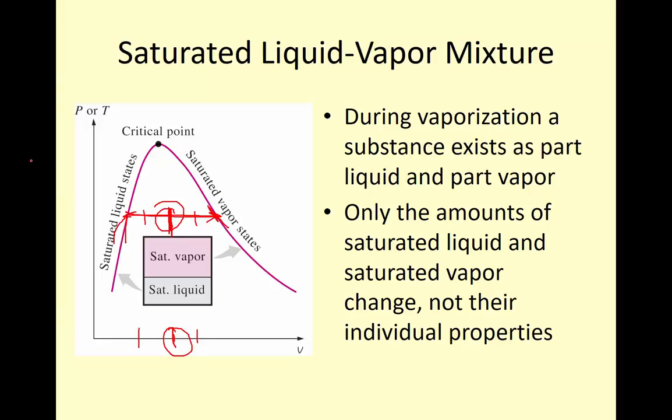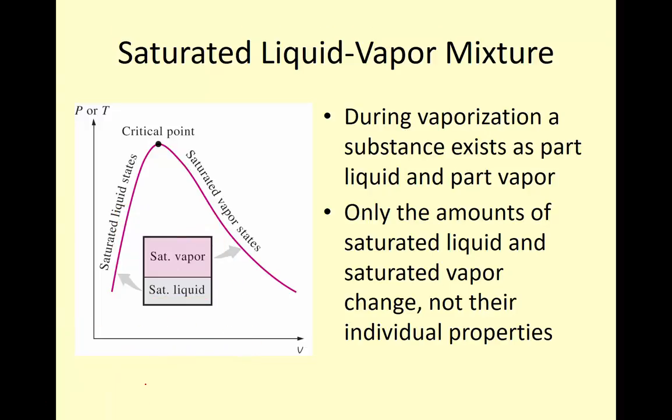So during this phase change process, we're going to have part vapor and part liquid. And when we're given a specific volume, it's the average total of those two parts. Okay, so you can imagine that at a saturated liquid state, we have one specific volume. And then as some of this liquid vaporizes, the volume is going to increase up until the point that all of it is vaporized.